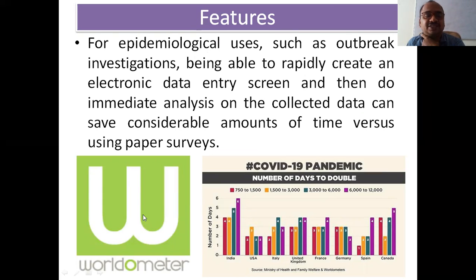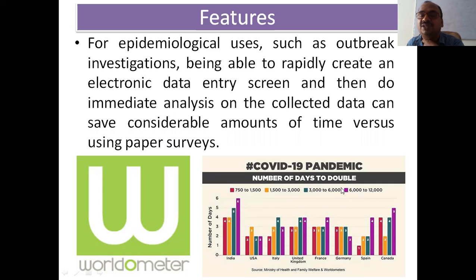This is one of the important examples. In the epidemiology of the COVID-19 pandemic situation, the number of days to double. See here, for each country they have given, in India, how many days? The number of days, 6 days, it becomes double here in India. 6,000 to 12,000 it becomes. And 3,000 to 6,000 it came, the blue color line, within 5 days.